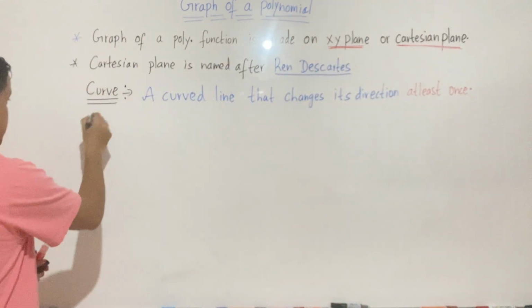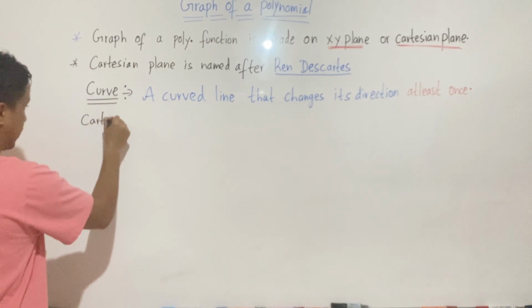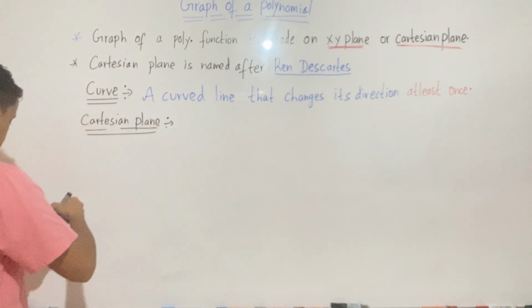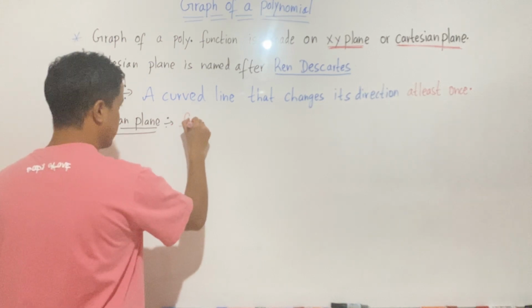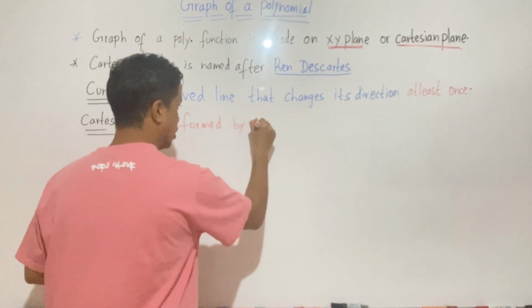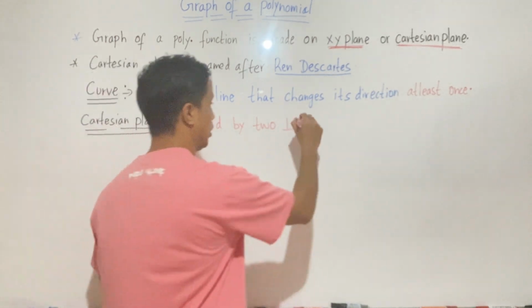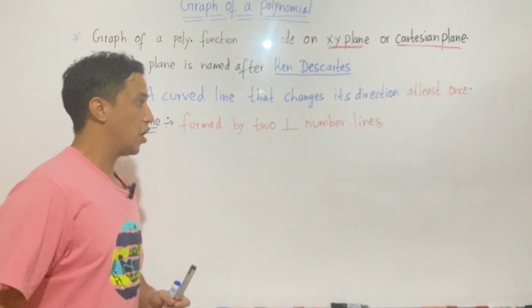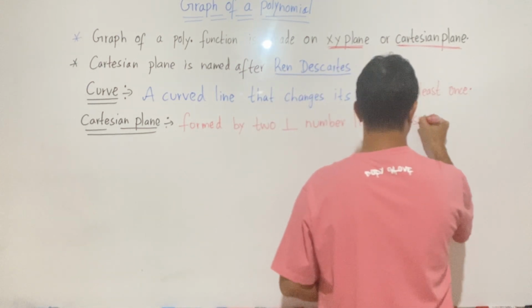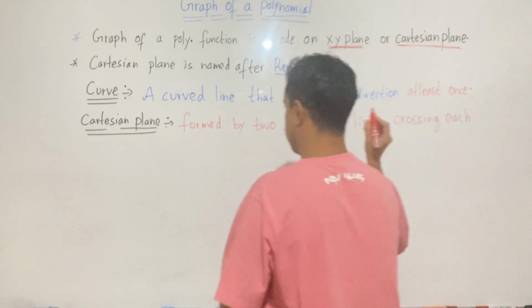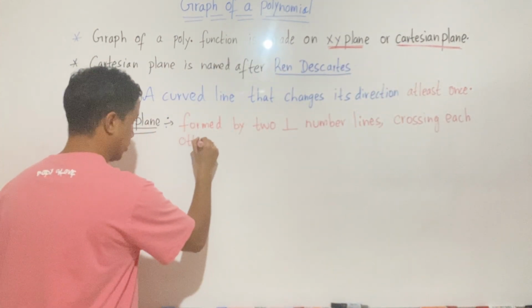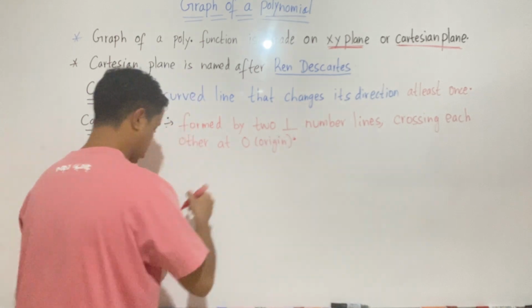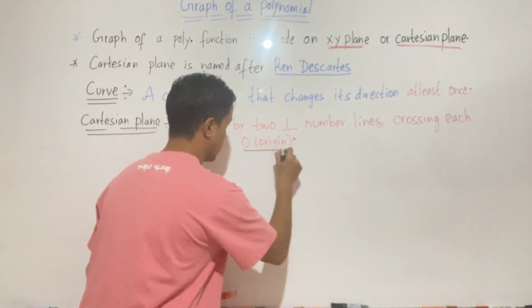See here, this is the Cartesian plane. It is formed by two perpendicular number lines crossing each other at the origin O. Please keep this in mind.